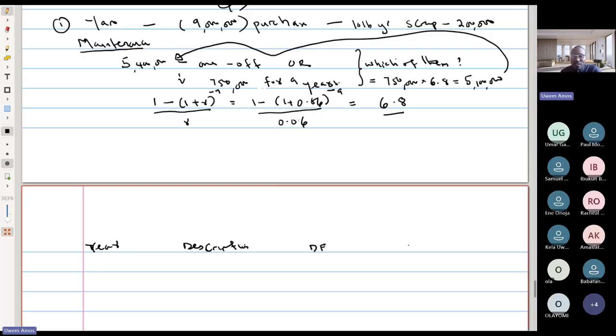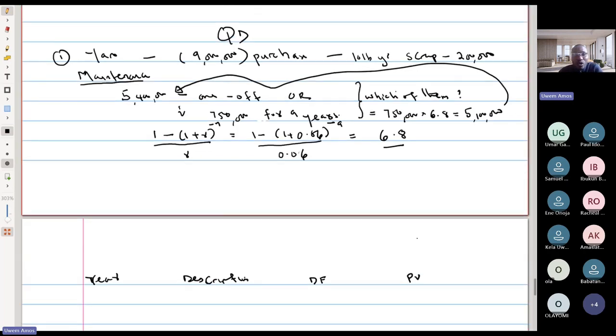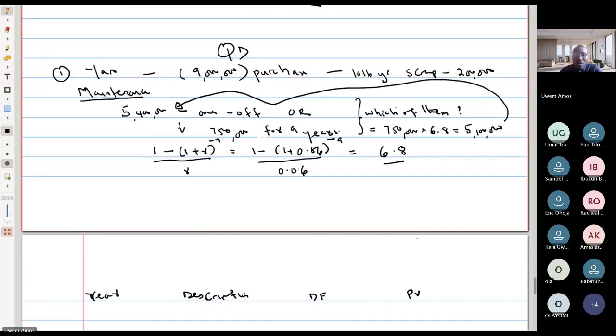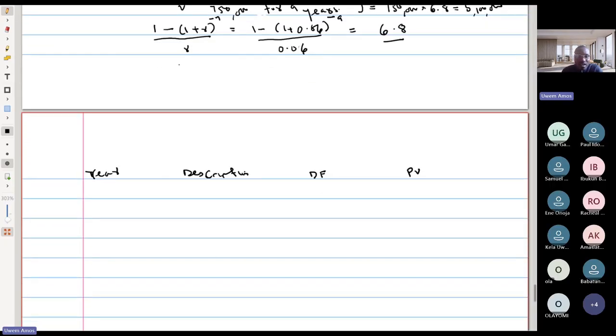We can call this the present value. Okay, so let's look at Yarrow's proposal. The cost of the machine, which is at the beginning of the period, is 9 million. That's what we're going to pay in year 0. Our purchase or outlay is 9 million. So that's going to go out of our hands. So that's an outflow.